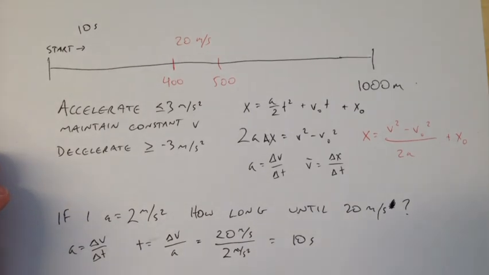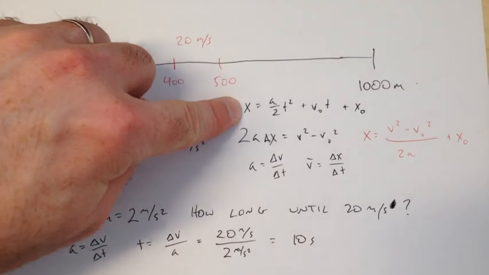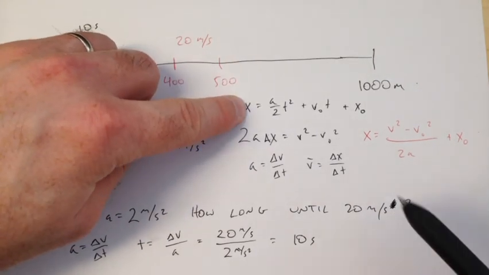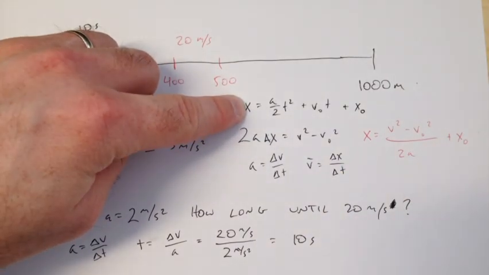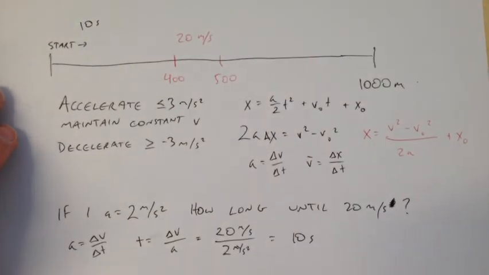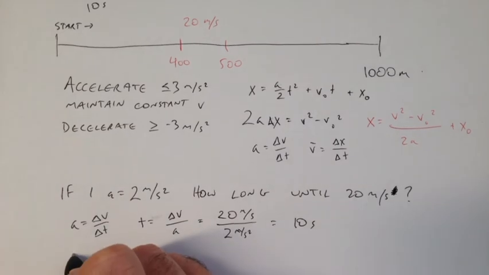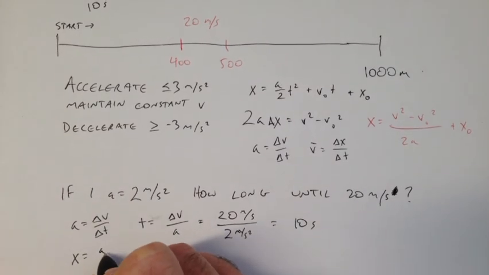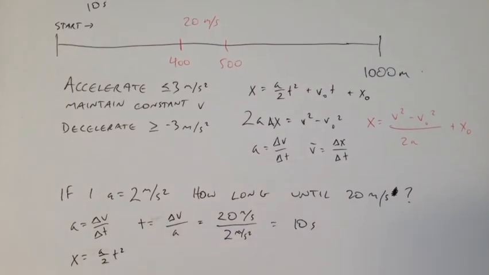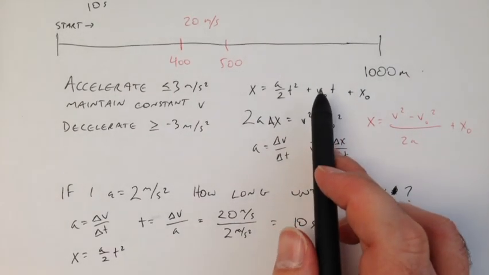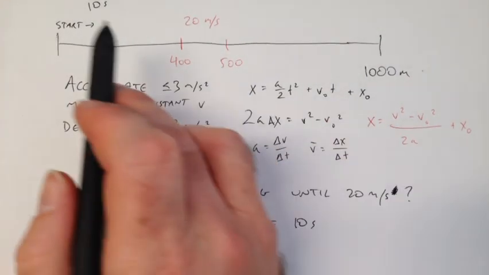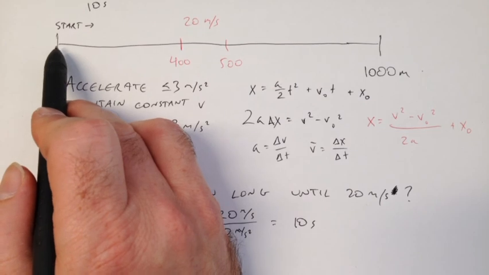How far have we gone? In this particular case, we're going to need to be using this equation because that tells you how far you've gone if you're accelerating and you know the time. Since that's what we know, let's go ahead and use it. x is equal to a over 2 t squared. I don't have an initial velocity. I don't have an initial position because I started at rest at the start.